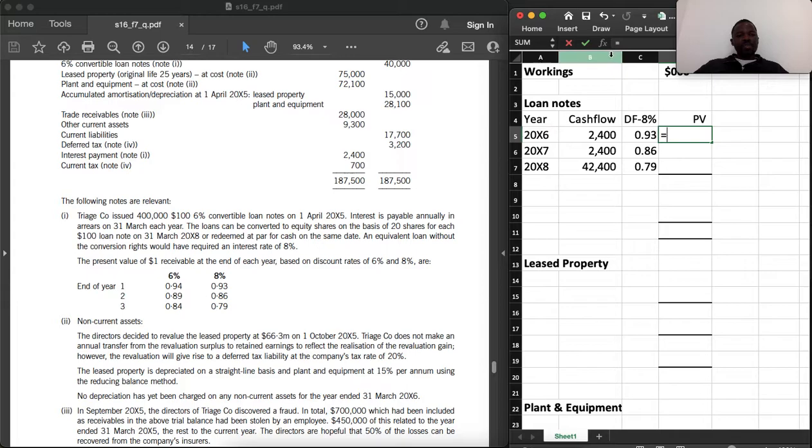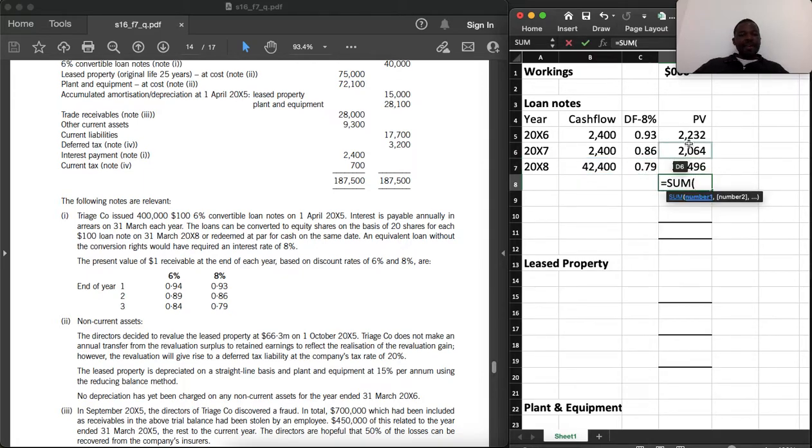Then what I will do, I will say the cash flow multiplied by the present value, the discount factor. Same applies year 2, cash flow multiplied by the discount factor. Year 3, cash flow multiplied by the discount factor.